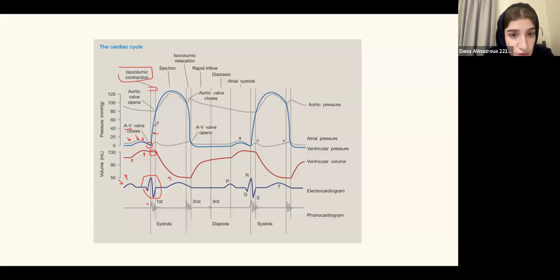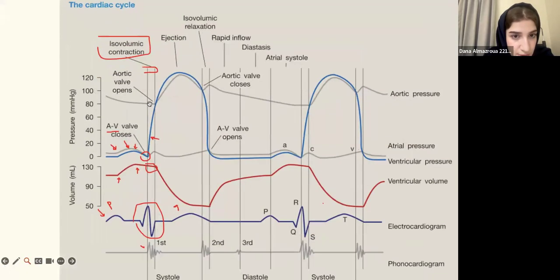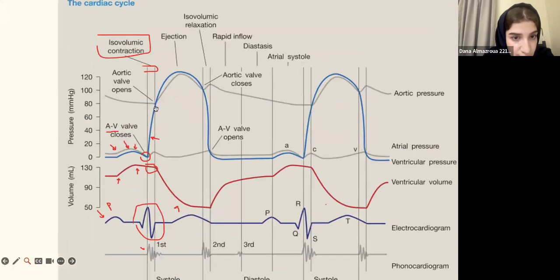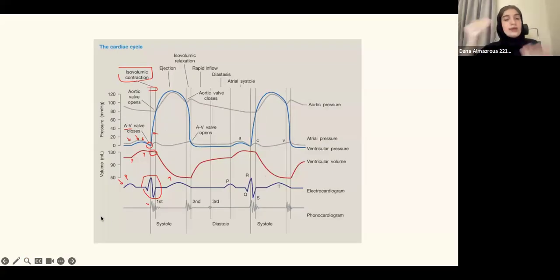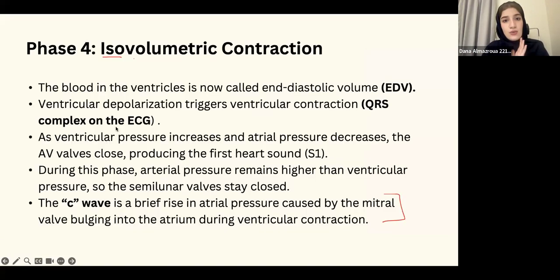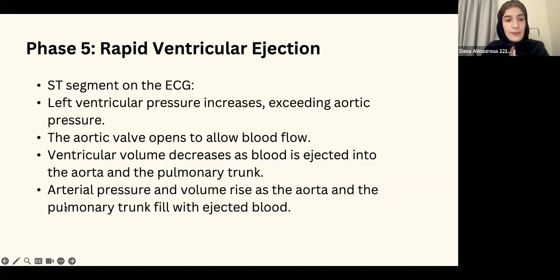If you look here, the ventricular pressure is still lower than the aortic valve pressure, the aortic valve in gray. It makes sense why both valves are closed, because it's higher than the AV valve pressure, but still lower than the aortic. The ventricles keep contracting until it reaches a point where it exceeds the aortic valve pressure. Now, let's see the rapid ventricular ejection.